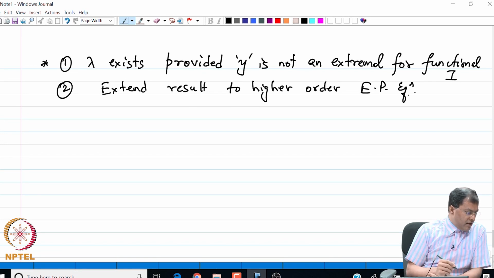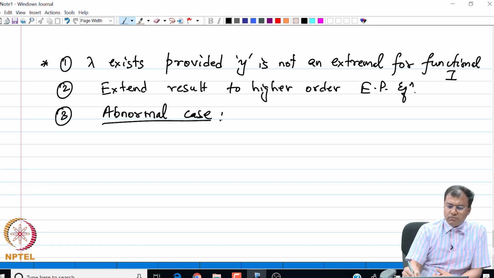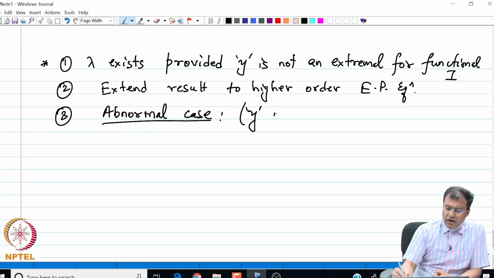And finally, how about the abnormal case? For the abnormal case scenario, like we have always done, we need to introduce two Lagrange multipliers, lambda 0 and lambda 1, where that includes the case where y is a rigid extremal, which is not included in discussion 1.